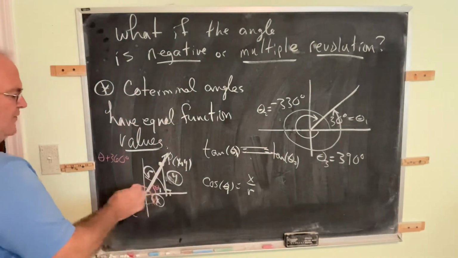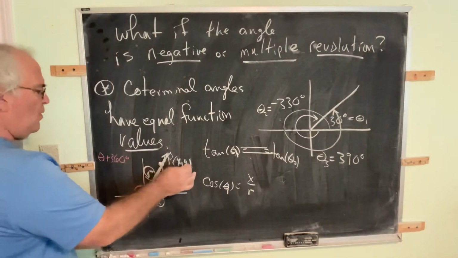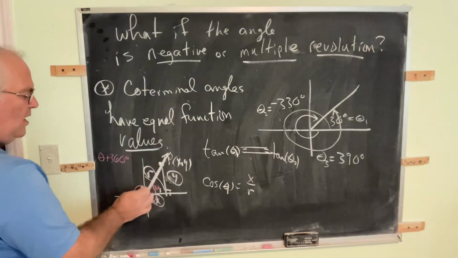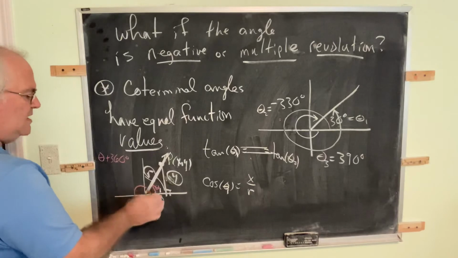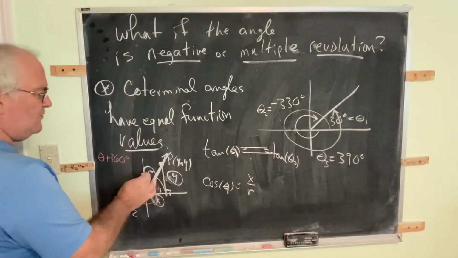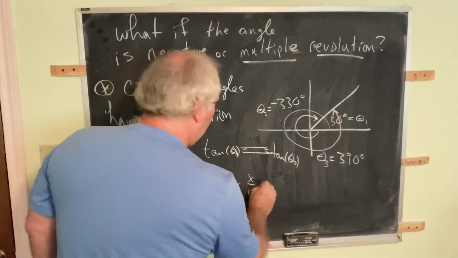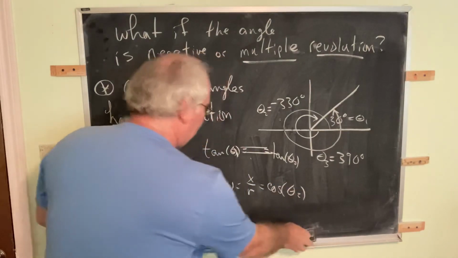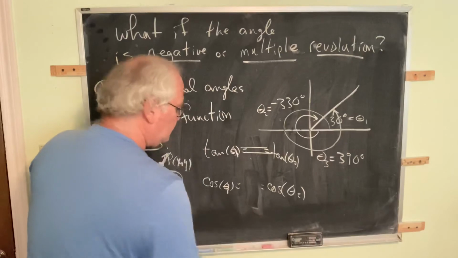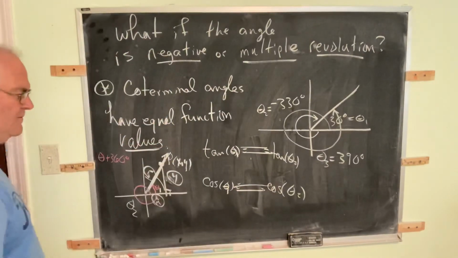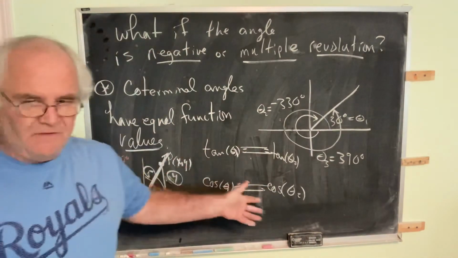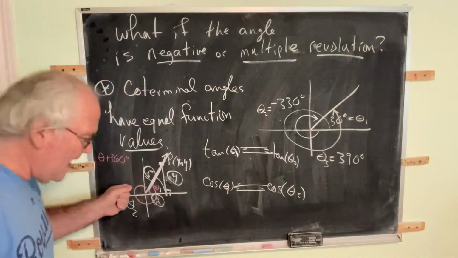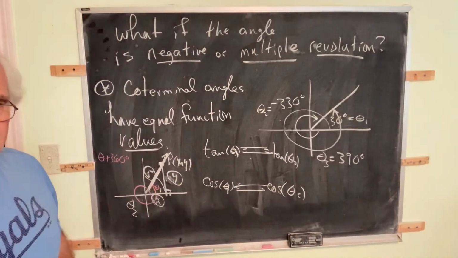Look at cosine for theta 2. It's the same x, the same y, the same r. Cosine is adjacent over hypotenuse, that's x over r, so this is also equal to cosine of theta 2. Eliminate the middleman, and those are equal to each other. That's true of all the other function values, and of any coterminal angles.